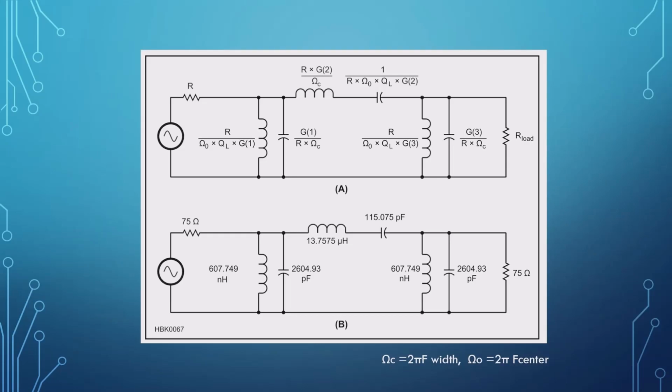As you can see, A is the template, B is the actual results. For this one, with a 75 ohm load, we'd use a 607 nanohenry inductor, a 2604 picofarad capacitor, and so on.